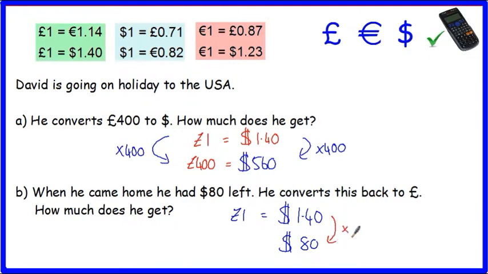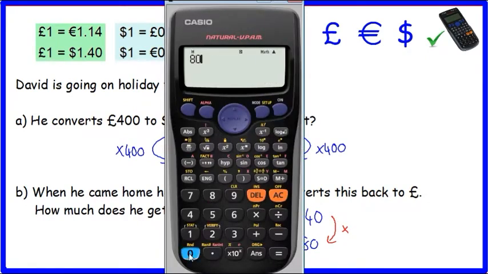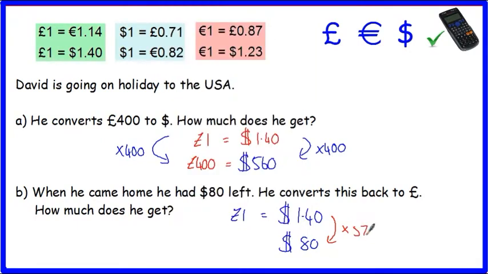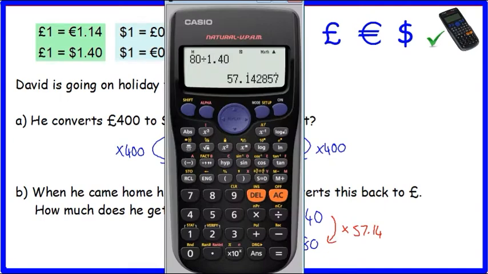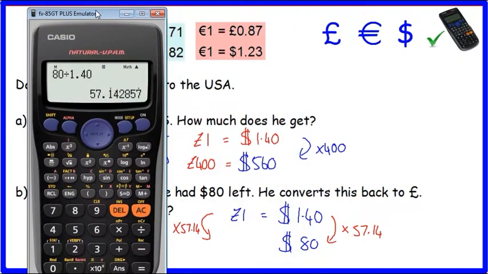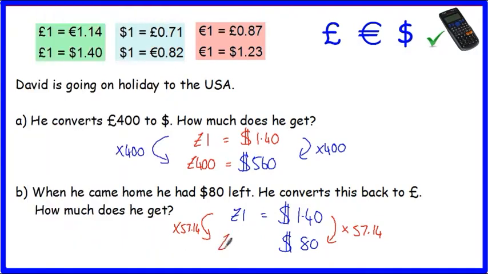So if I do 80 divided by 1.40, I get 57.14. Now what I'm going to do is multiply that by the same. I'm purposely not taking that off the screen. So if I multiply that by 1, of course I'm going to get the same answer again, £57.14.